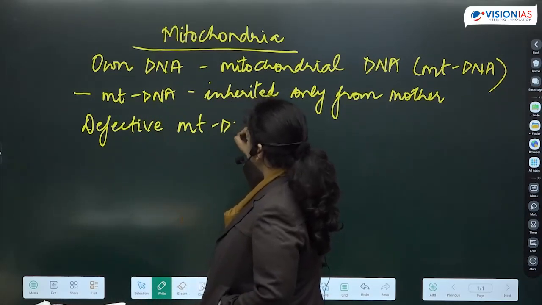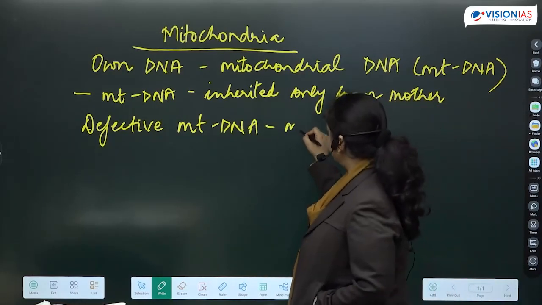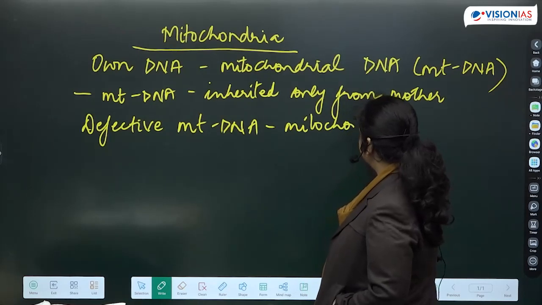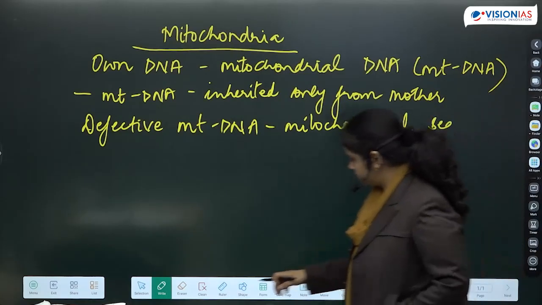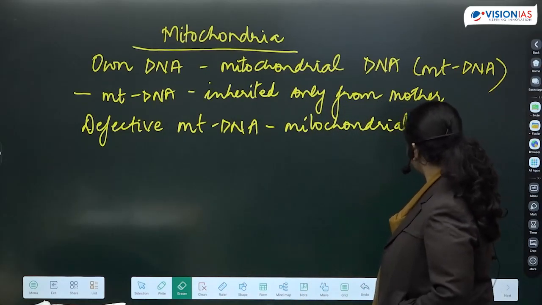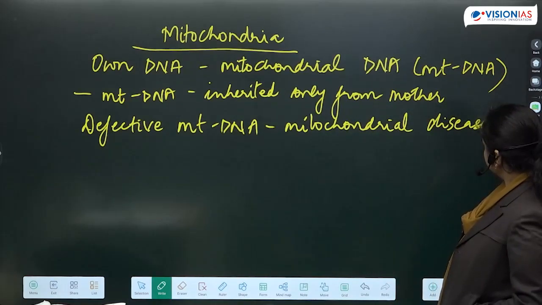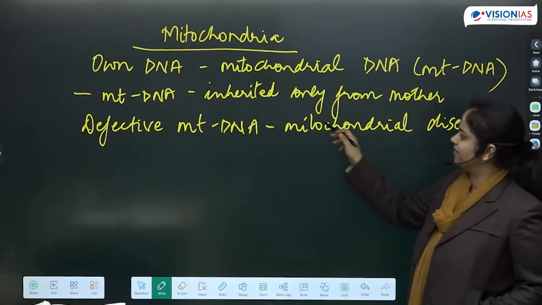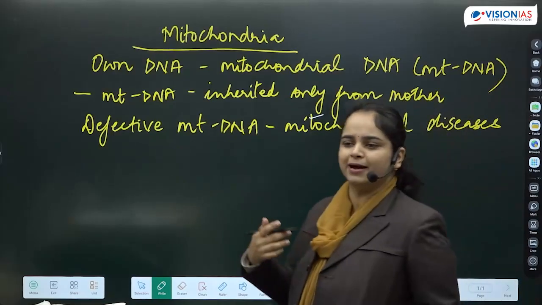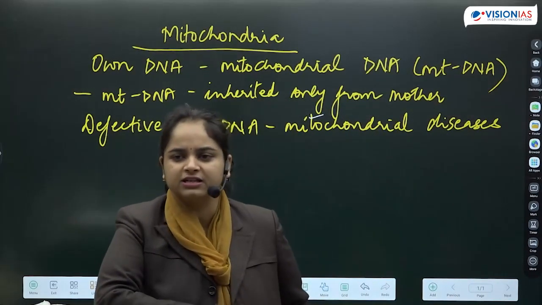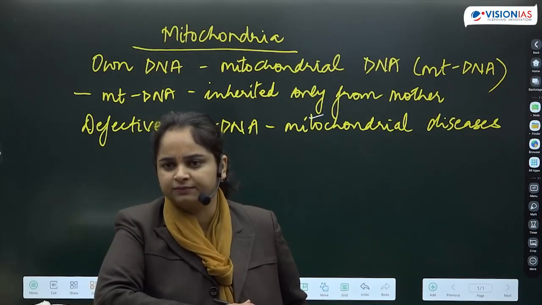Defective mitochondrial DNA, any kind of gene defects here, can lead to mitochondrial diseases. Please keep copying all this down. Basically, these will be the diseases which will interfere with the working of mitochondria. ठीक है, mitochondria अच्छे से काम नहीं करेगा, एनर्जी नहीं प्रोड्यूस करेगा if a gene is defective here.